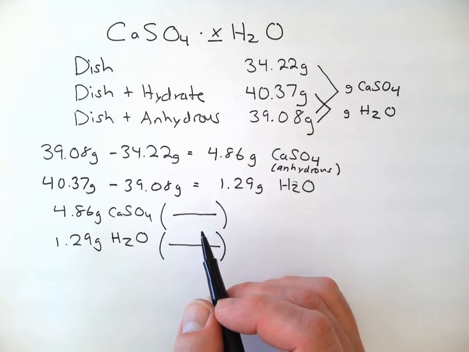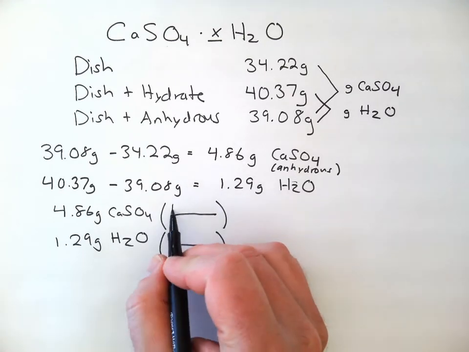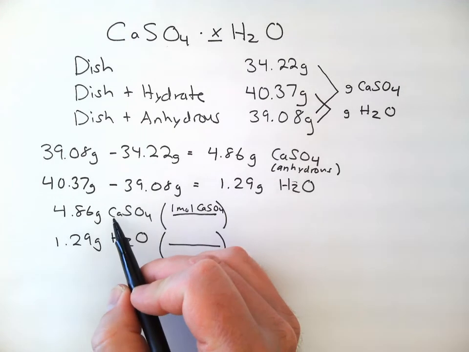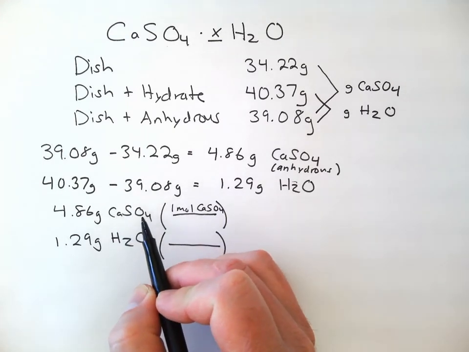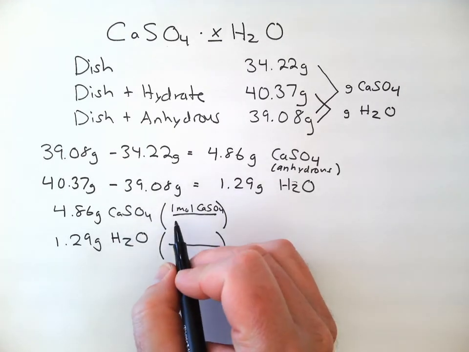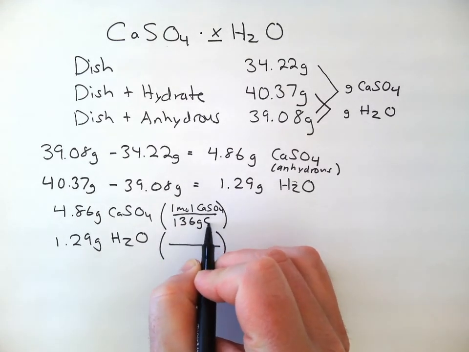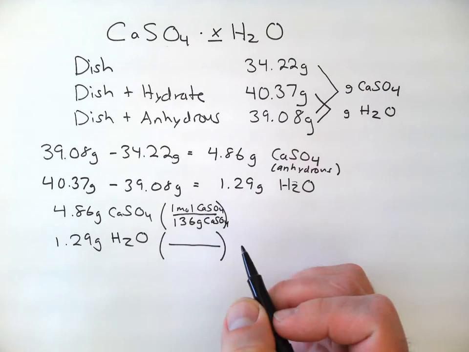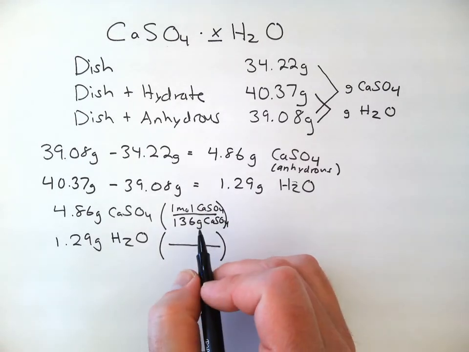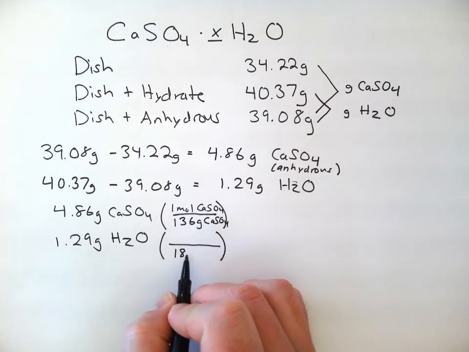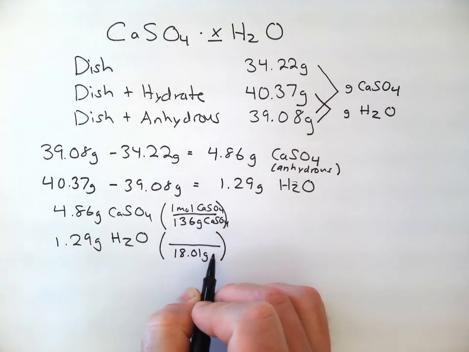Well, most people don't have them memorized, so we would go and find out the masses of 1 calcium, 1 sulfur, and 4 oxygens and add them up. And we would get a mass of 136 grams per mole. Water, we would do the same way. 2 hydrogens and an oxygen will add up to 18 grams per 1 mole.